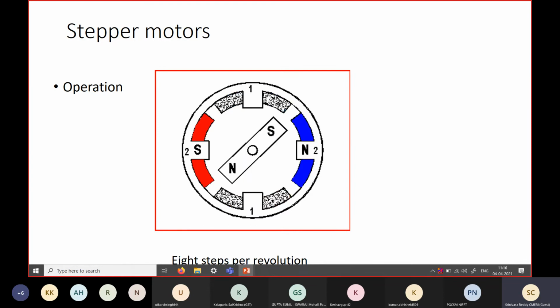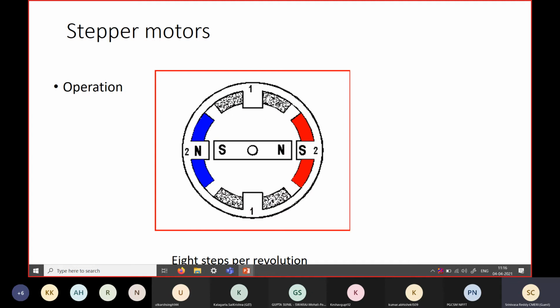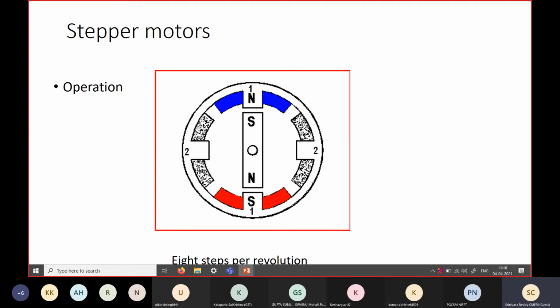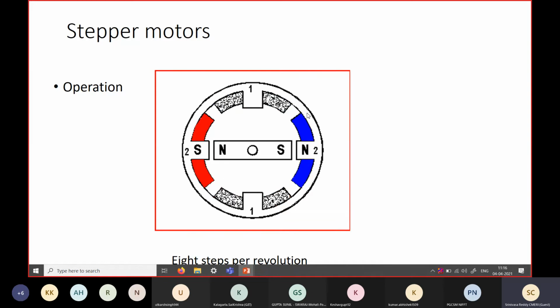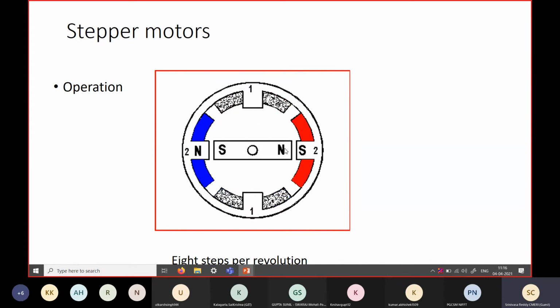So by simultaneously energizing the coils on the stator, we can increase the resolution of the motor. In the first case and second case, the number of coils is the same. Only due to the switching strategy, we have increased its resolution to 8 steps. Now you see it is moving in 45-degree angles, so we can achieve 8 steps.